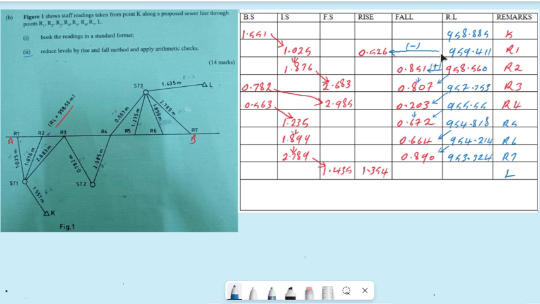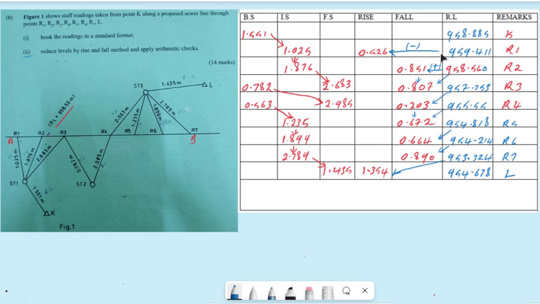Then this one I'll add to the rise because this is a positive, so it will give me 954.678. So with that, I am through with the table, and I've booked the arithmetic, and what is remaining is to check whether the surveying work is okay.